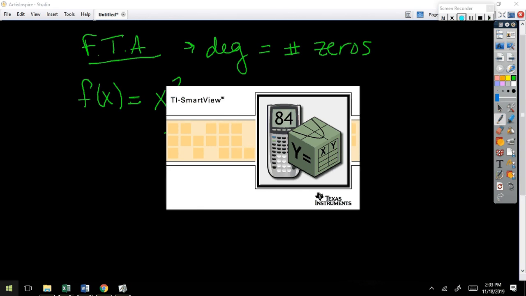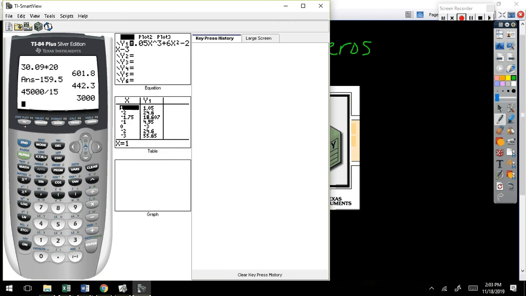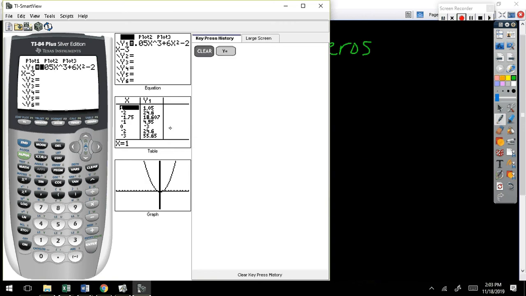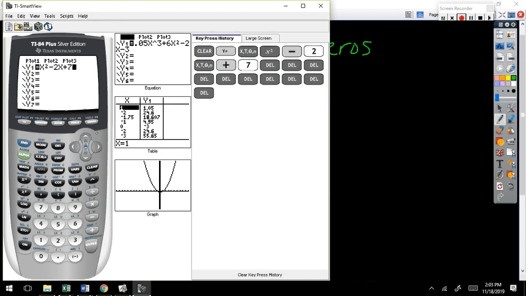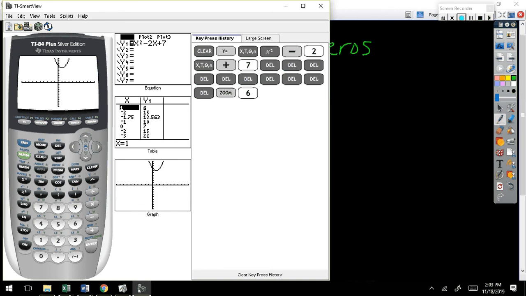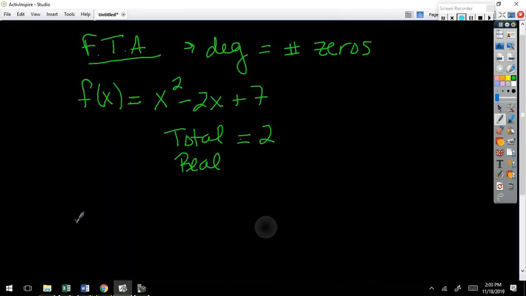So I have x squared minus 2x plus 7. Delete all this. I didn't realize that was on there. I'm going to do a zoom 6. And clearly I can see that there are no real zeros, right? So for real, there are none because it's not crossing the x-axis, which means that my imaginary solutions are going to have to be 2.